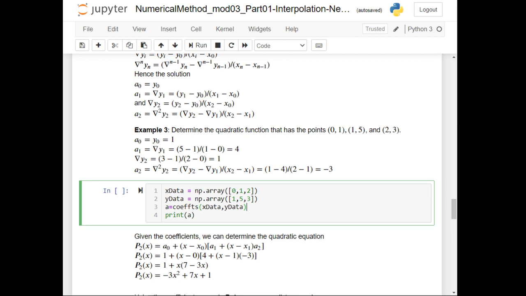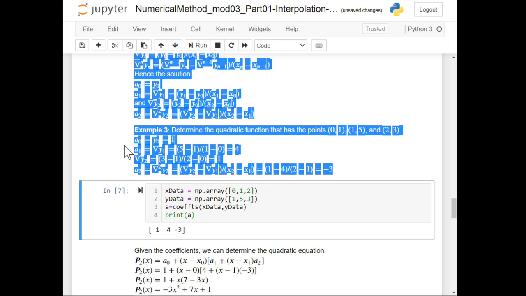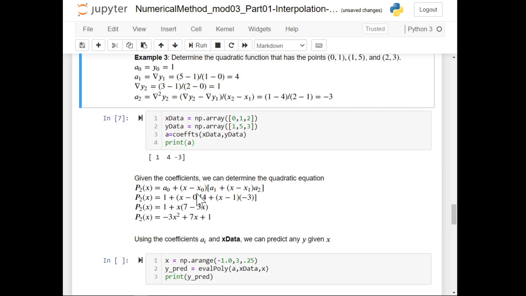Using the function coefs, we can get the coefficients numerically. Given the three points, x data and y data, we can get the coefficients. This is correct, the same as what we solved manually.